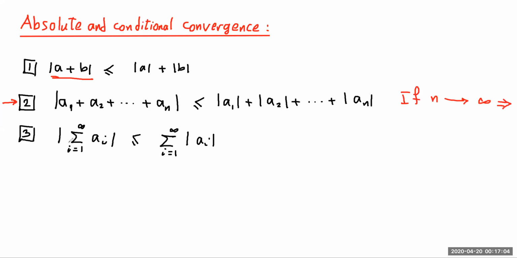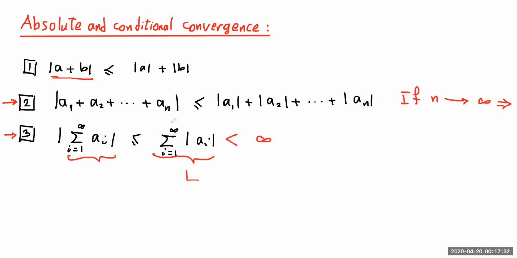And we can now write rule number 3: the absolute value of sigma AI from 1 to infinity is less than or equal to sigma absolute value of AI. Now, if the answer of this series is a number L less than infinity, so here it will also be less than infinity.